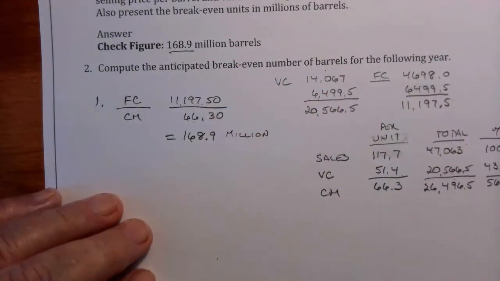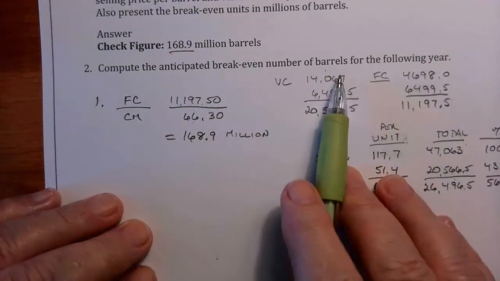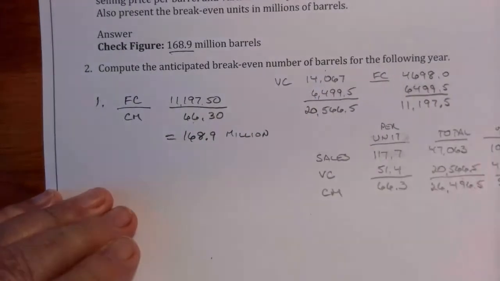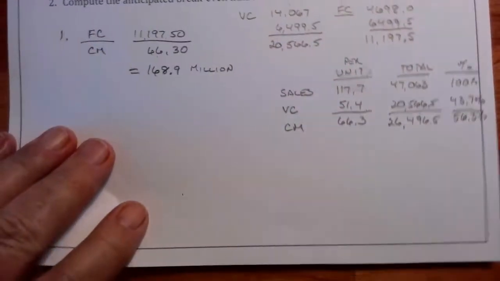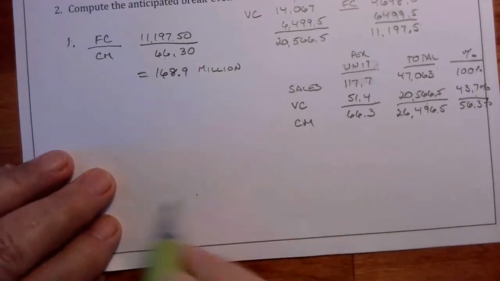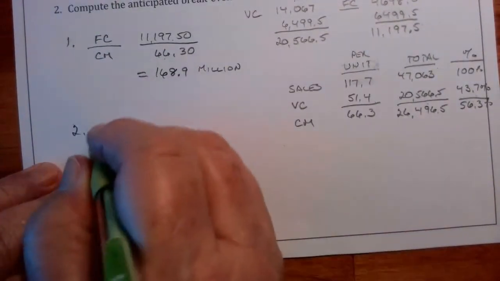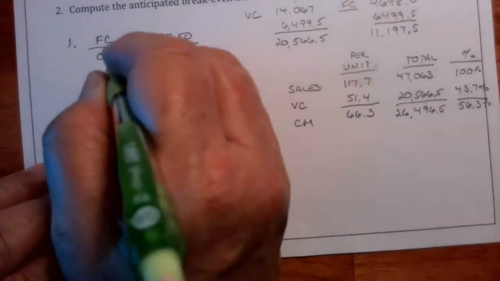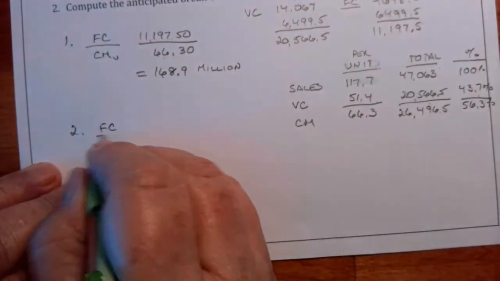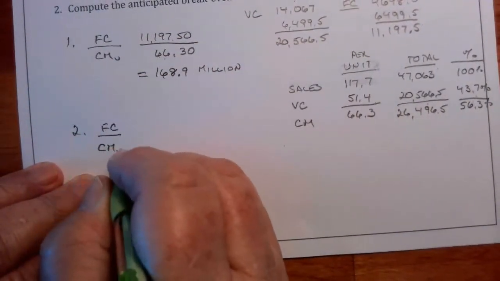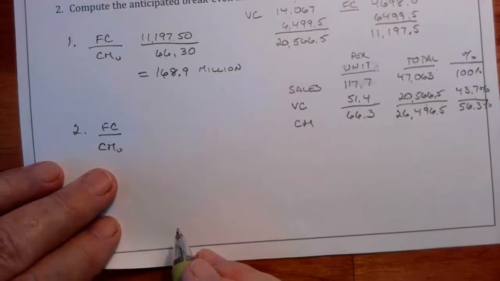And then the next question is, of all the nerve, the anticipated break-even number of barrels the following year when they spend that extra $300 million. We can take a shortcut here, since nothing else changes. Again it's fixed costs divided by the contribution margin per unit, rather than the contribution margin ratio.